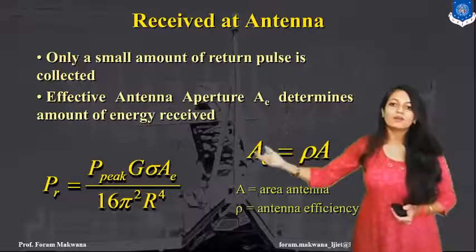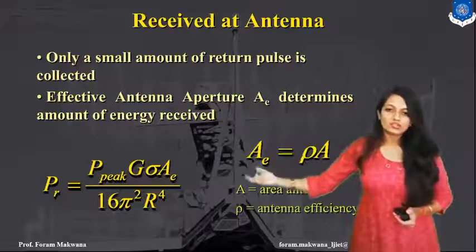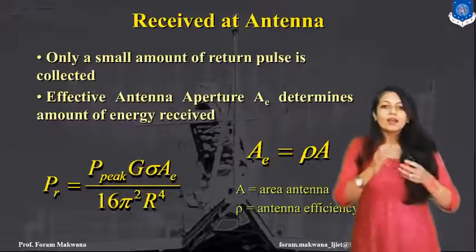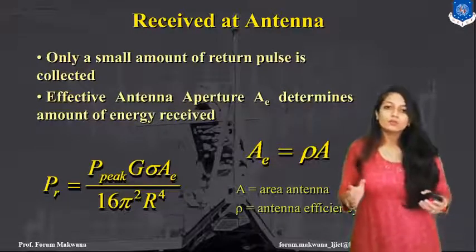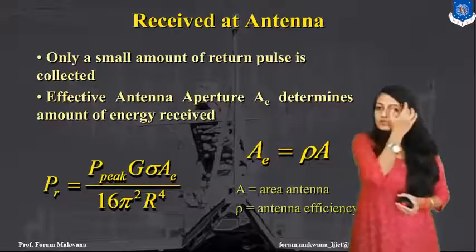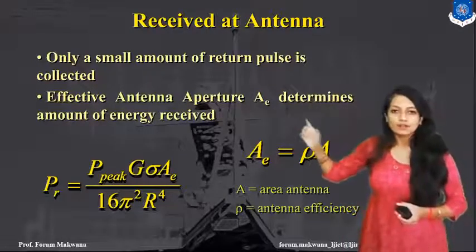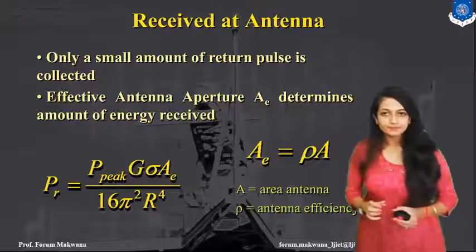Here we have multiplied the peak power, gain, and radar cross section with the effective aperture. So if the effective aperture of the antenna is large, we are able to receive more power. A small amount of the return pulse is collected if the aperture of the radar is small.